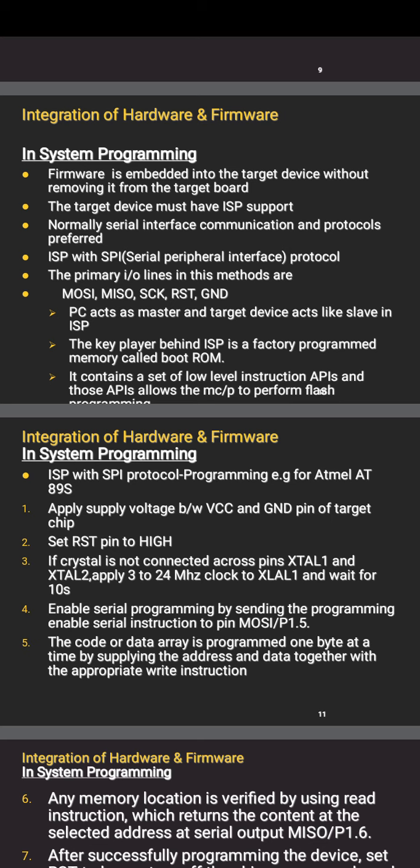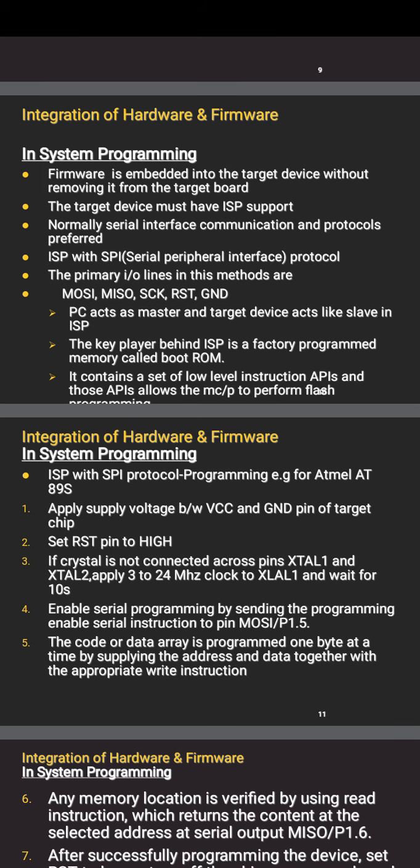First we need to enable the serial programming by sending the program enable instruction to the MOSI, master out slave in. We send the program data to the MOSI pin of the target device, and the device will give its acknowledgement through the MISO, that is master in slave out.